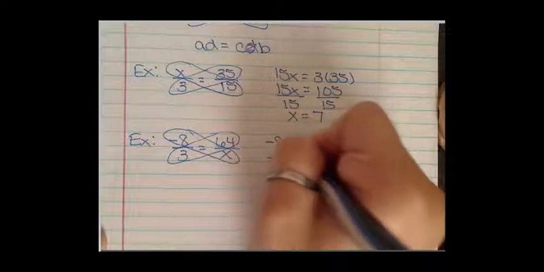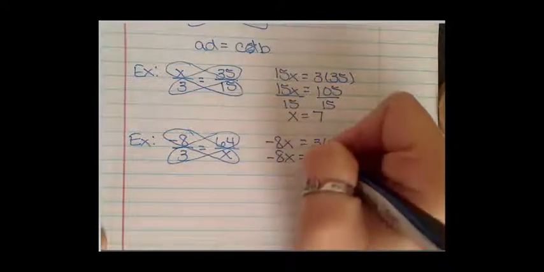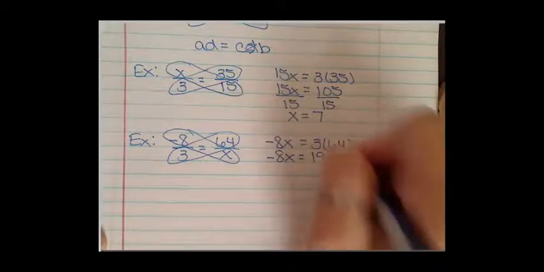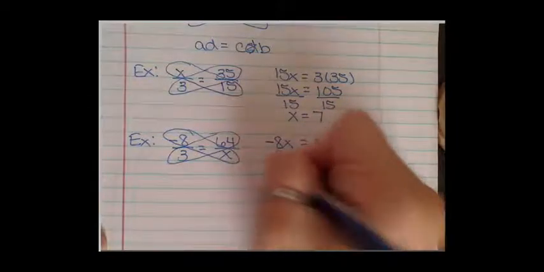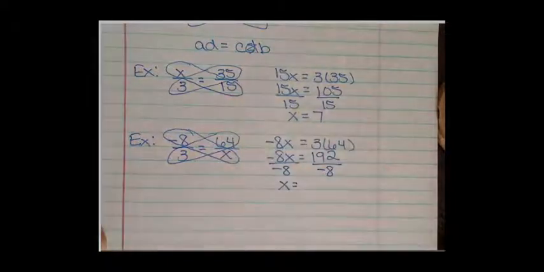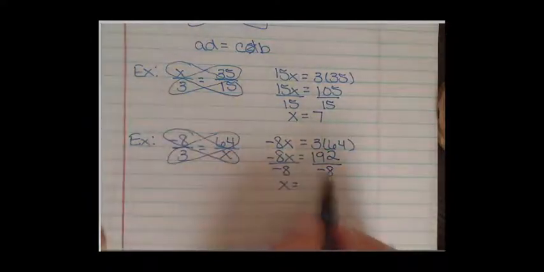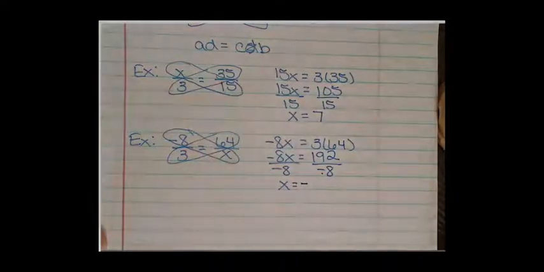I'm going to take 3 times 64, which will give me 192. Need to get the x by itself, so I'm going to divide both sides by negative 8. So x equals, we have a positive number divided by a negative, so our answer will be negative. 192 divided by 8 will be 24. So our x is negative 24.